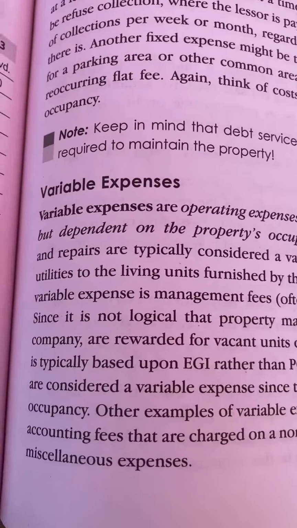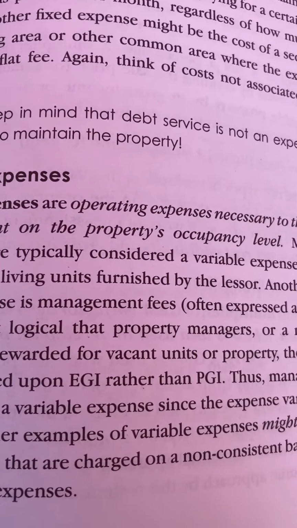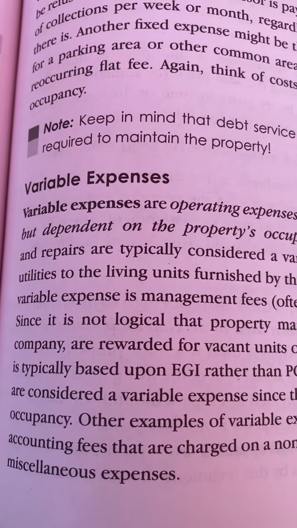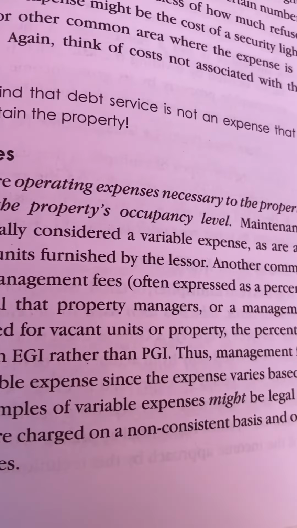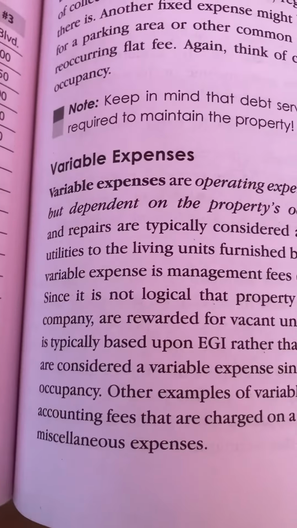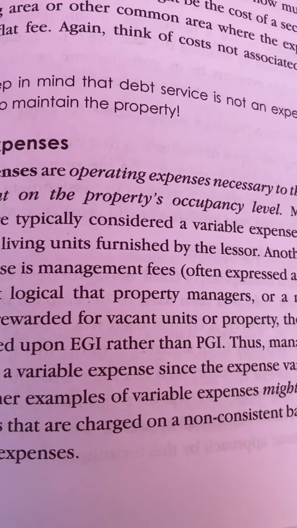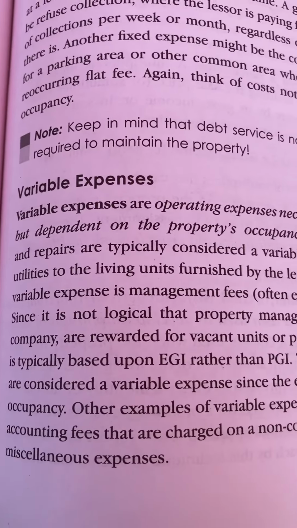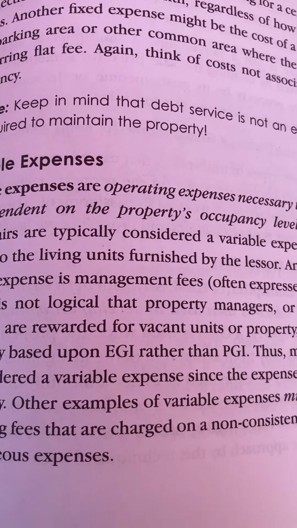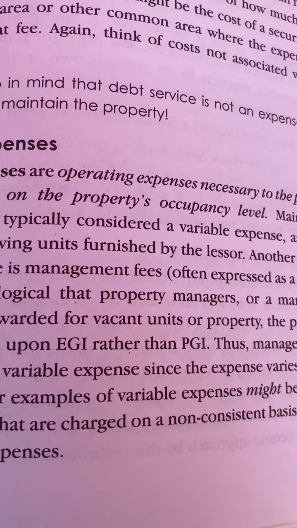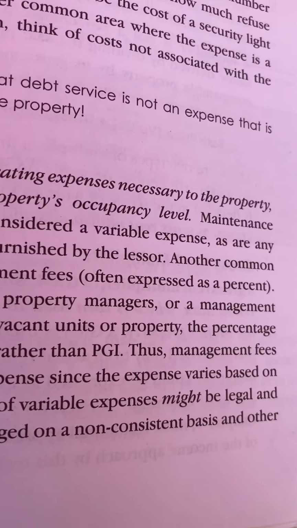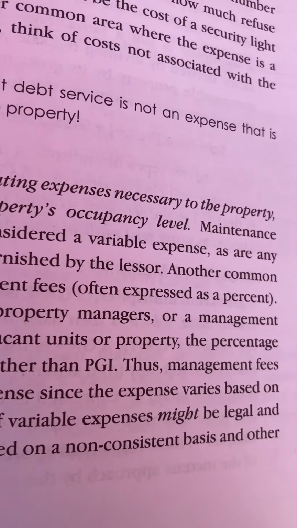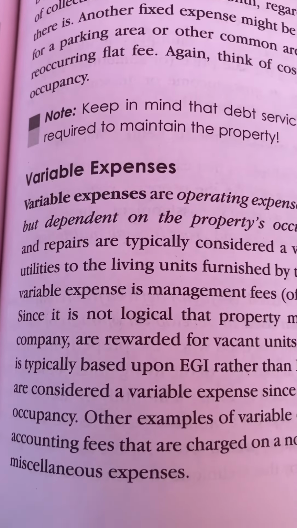Another common variable expense is management fees, often expressed as a percent. Since it is not logical that property managers or a management company are rewarded for vacant units or property, the percentage is typically based upon effective gross income rather than potential gross income. Thus, management fees are considered a variable expense since the expense varies based on occupancy.